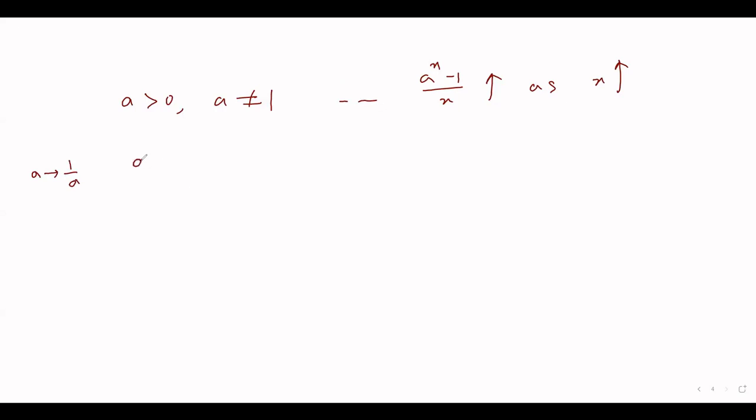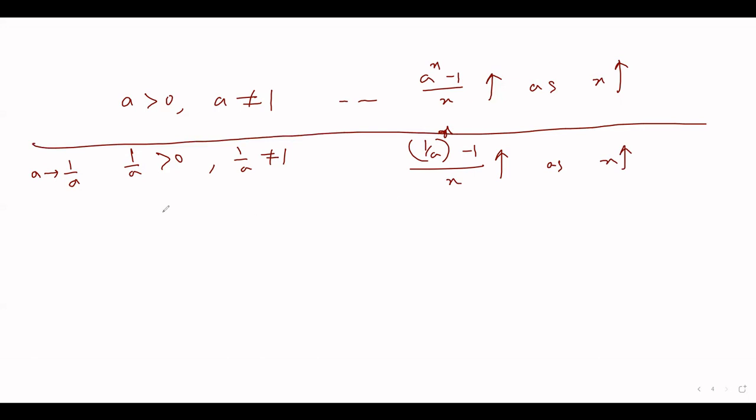Then the statement means 1 over a is positive, which would mean a is still positive. 1 over a is not equal to 1, which would mean a is not equal to 1. Let's write what we have directly first. So we have 1 over a greater than 0, 1 over a not equal to 1, and 1 over a whole to the power x minus 1 by x increases as x increases.